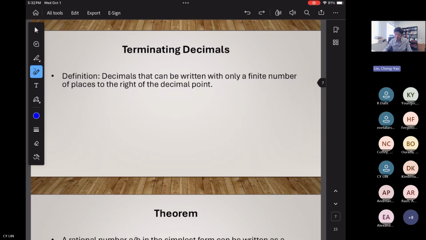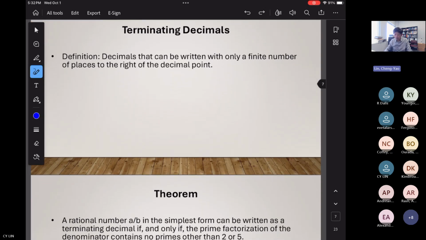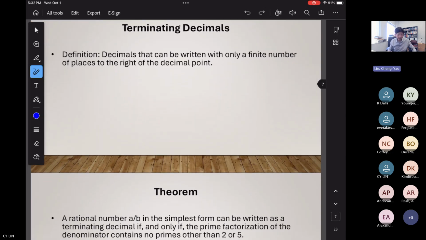Terminating decimals can be written with only a finite number of places to the right of the decimal point. So here is an example. If I have 1/2, convert to 0.5.